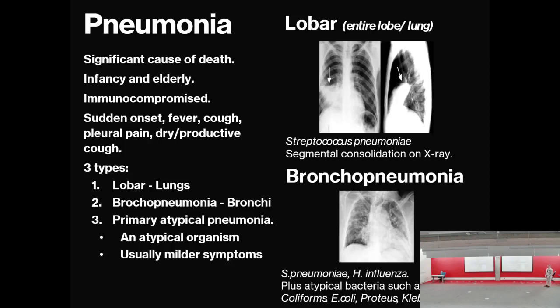And then you can get bronchopneumonia as well, which, as the name suggests, starts to affect the bronchi. So it's not necessarily the lung tissue per se which is affected, it's the airways of the lungs as well. And then you get atypical pneumonia, which can be caused by multiple different strains. It's not necessarily down to Streptococcus pneumonia.